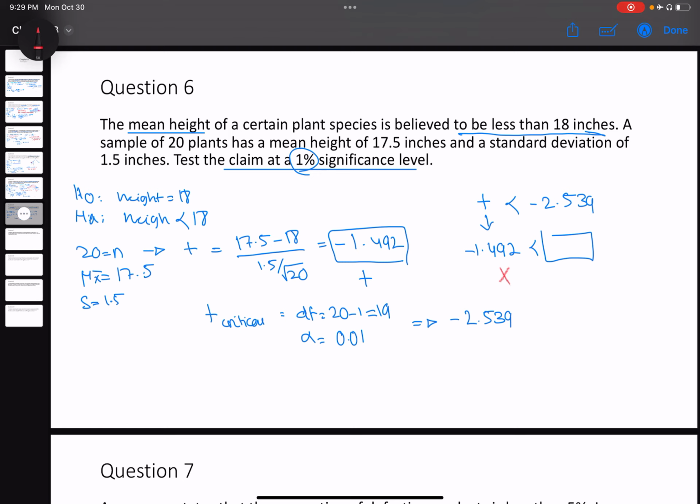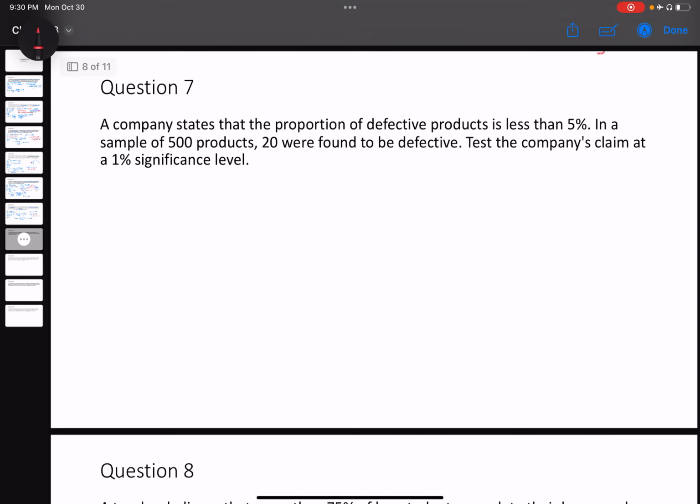It is not less than minus 2.539. Therefore, we fail to reject the null hypothesis. So basically, we cannot support the alternative, that the average height is less than 18 inches.